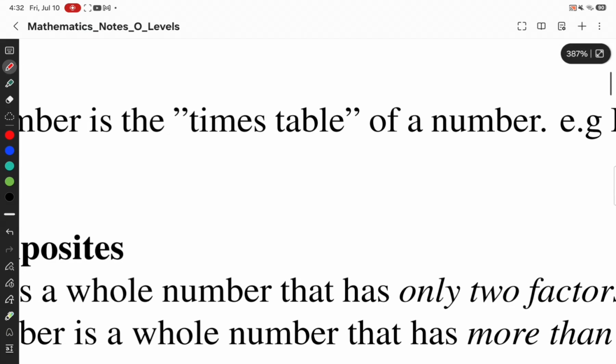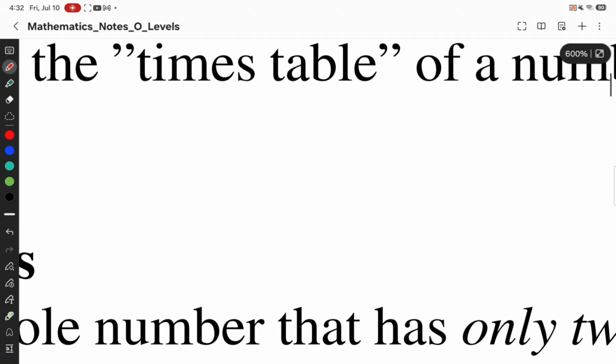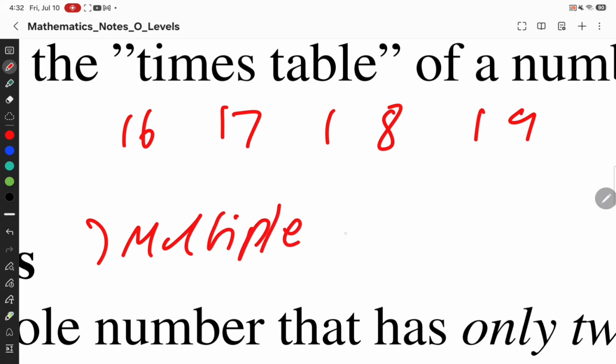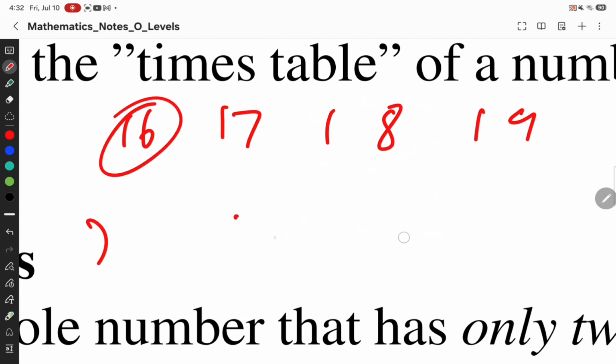You'll be asked to name a multiple of 6 in a list given below. Then you choose 18. Example: multiple of 4, you choose 8.